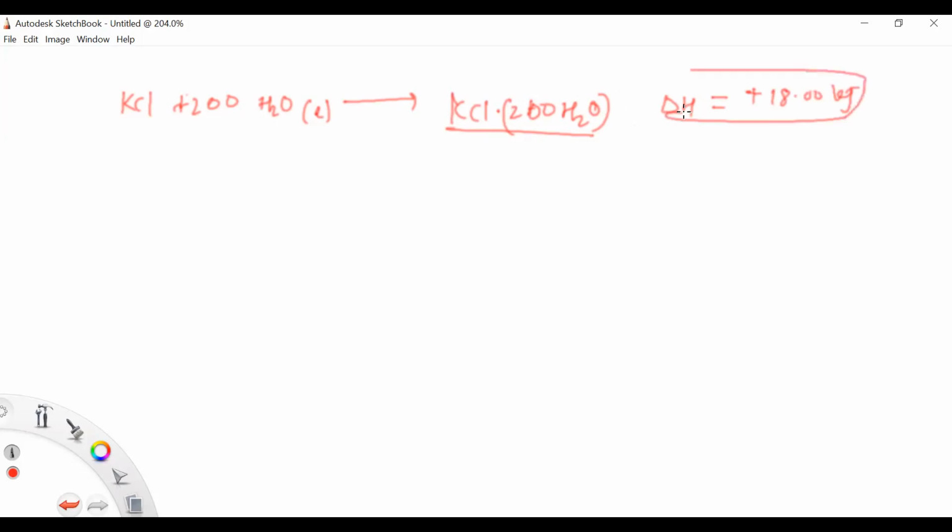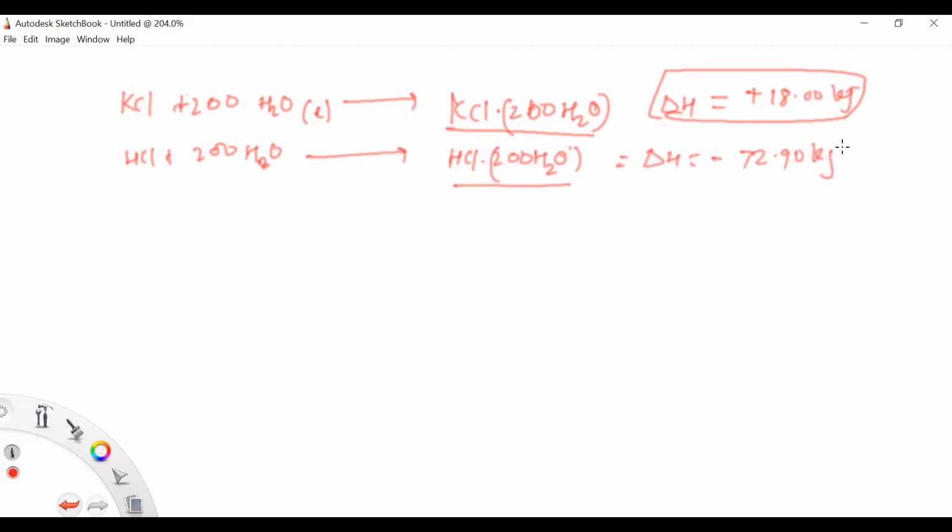Now HCl plus 200 H2O again gives the formation of HCl in 200 moles of H2O, and the delta H for this one is minus 72.90 kilojoule.